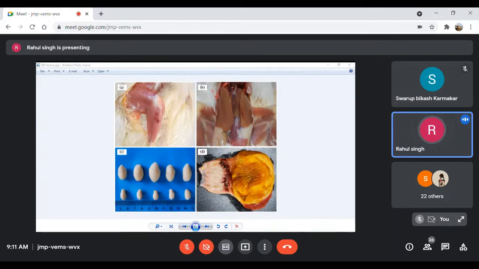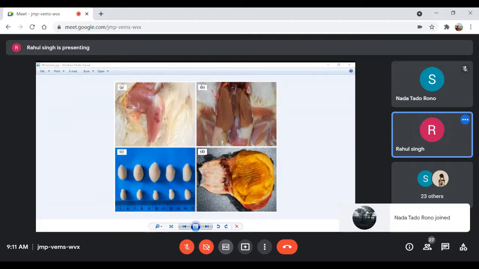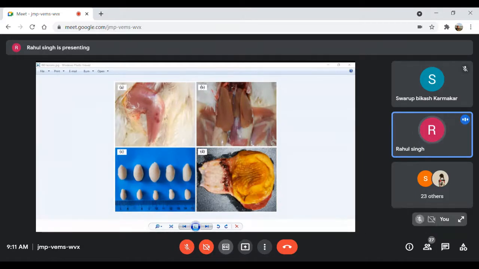This is an indicator that there is some pathological change which has resulted in the extravasation of blood. One major reason is that this area is rich in lymphoid tissue, and because of the necrosis in the lymphoid tissue, we see such hemorrhagic lesions.